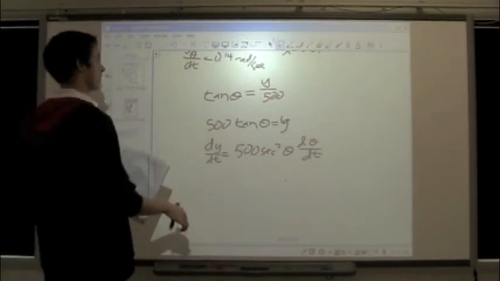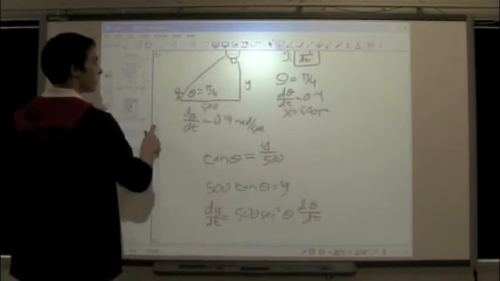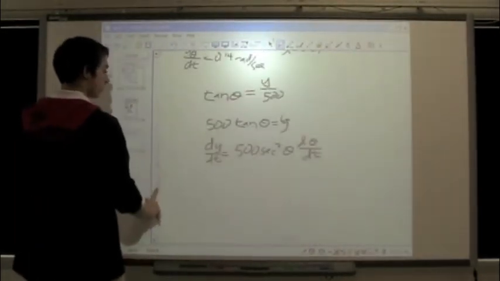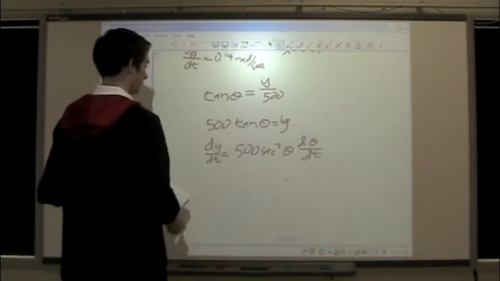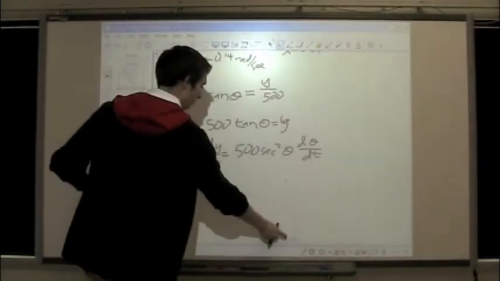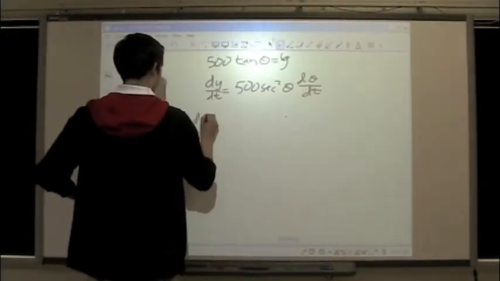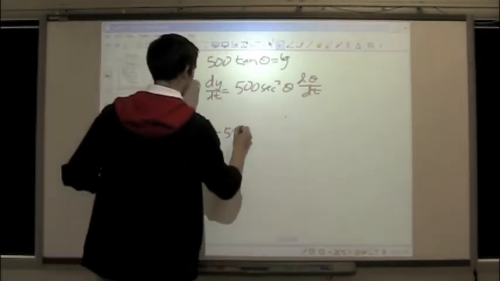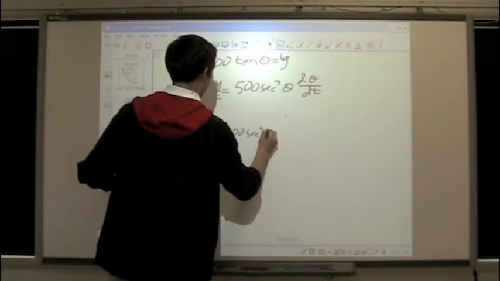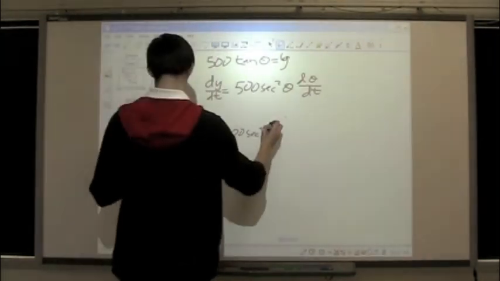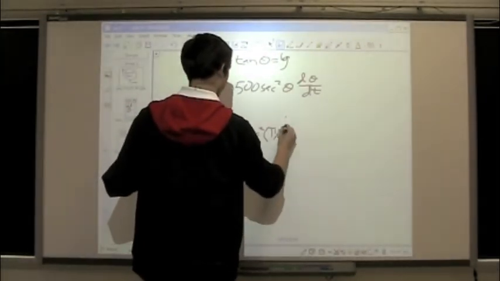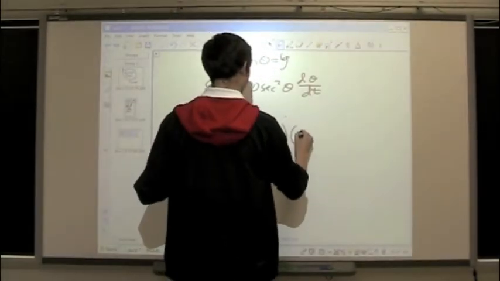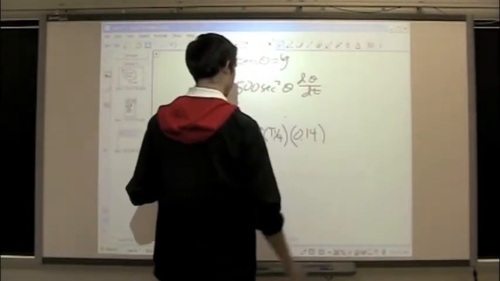So we take our variables that we found up here, and we plug them in down here to find dy/dt, which is what we're searching for. So we get dy/dt is equal to 500 secant squared theta, where theta is equal to pi over 4, and d theta/dt is equal to 0.14 radians a second.